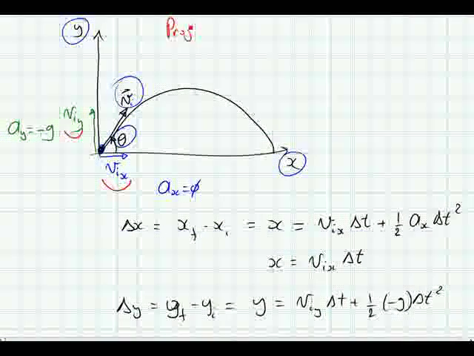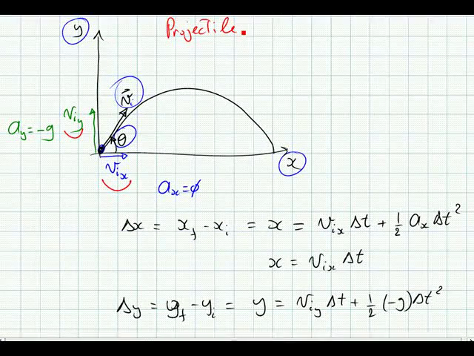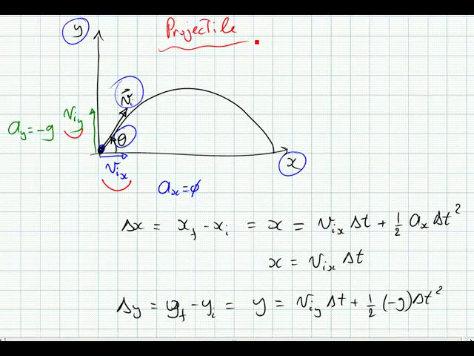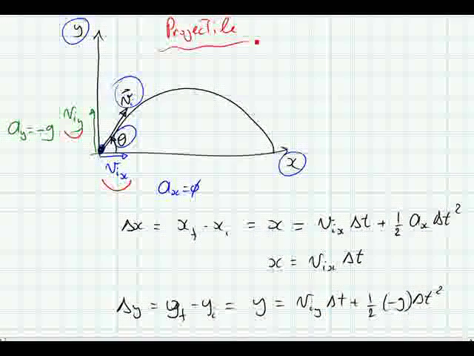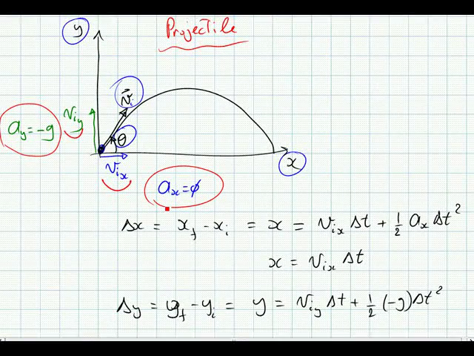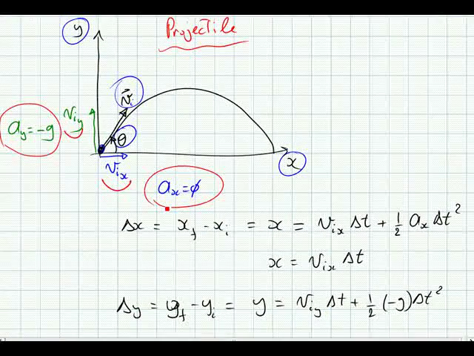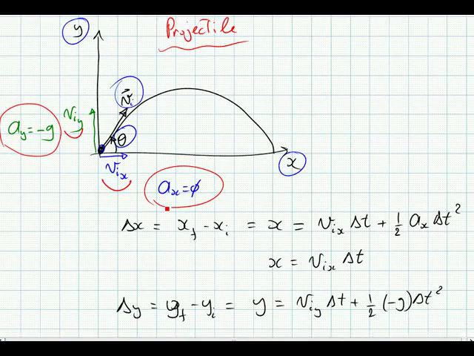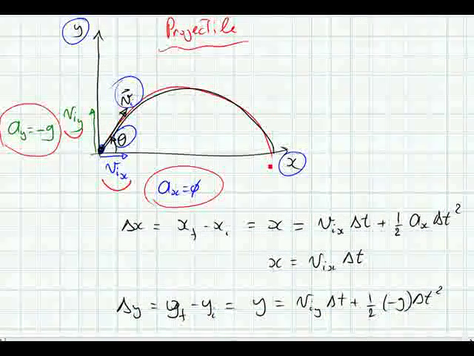Now projectile motion is motion of an object moving under the acceleration due to gravity along the y-axis and zero acceleration along the x-axis. That's the definition of projectile motion. So a_x is always 0 in a projectile motion, and a_y is equal to minus g, and the shape of the trajectory for a projectile motion is a parabola.